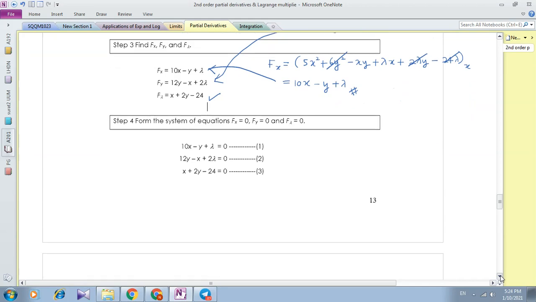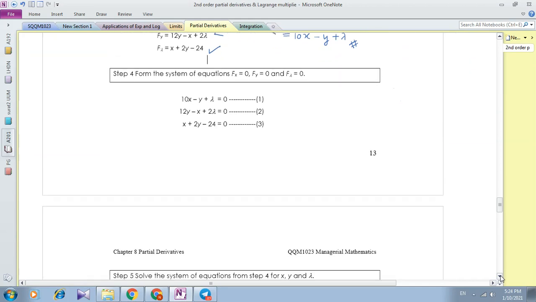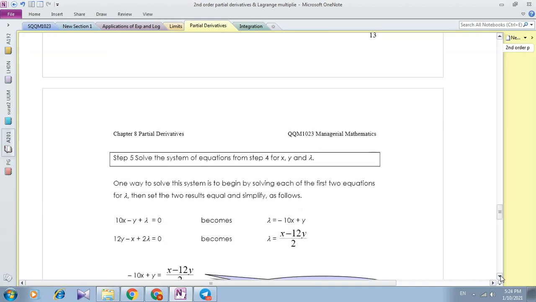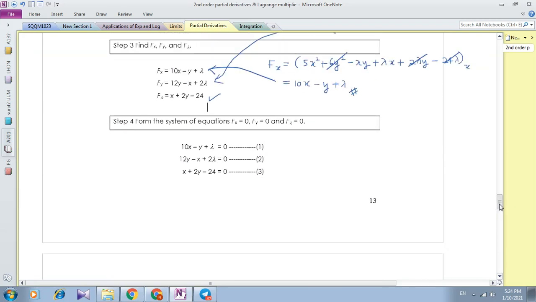You will solve the equations simultaneously, as we have learned in the earlier chapters. You can either eliminate or substitute.